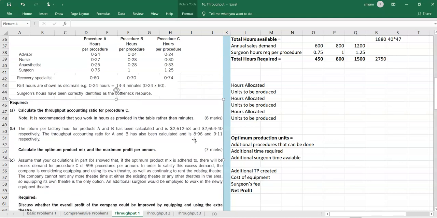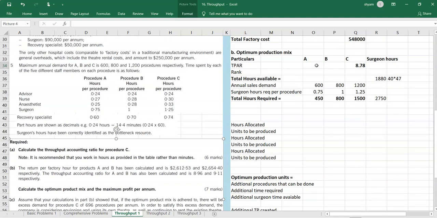Here you have 8.96 and 9.11. So the rank will be 1, 2 and 3.